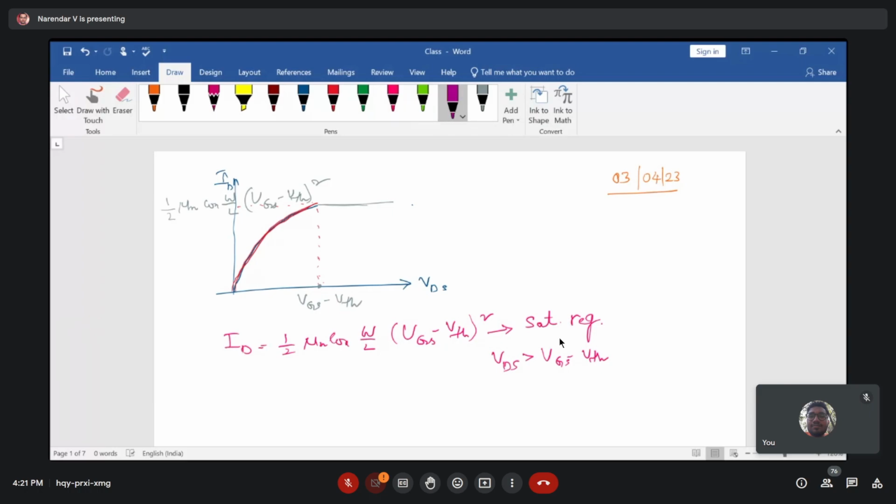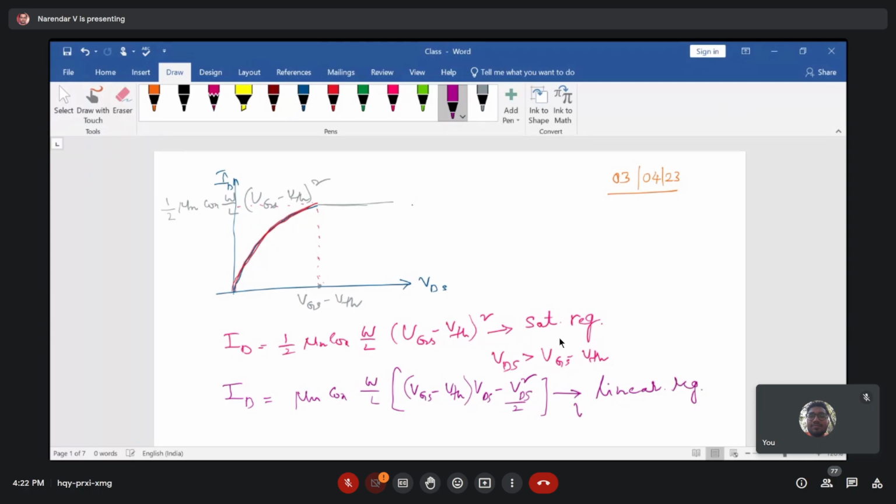And you have the linear current, which is the graph depicted in our above figure, which is mu n COX W by L into (VGS minus VTH) into VDS minus VDS square by 2. So this is the current that you're going to see when your device is under linear region of operation.